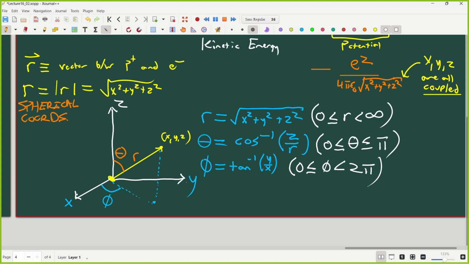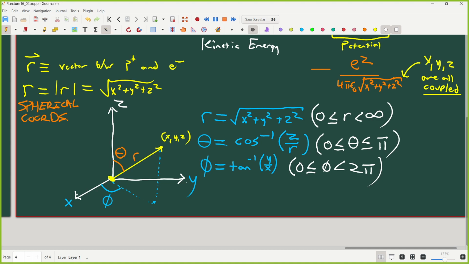We don't have to worry about x, y, z anymore. And remember, because it's spherically symmetric, the potential has no relationship to theta and phi. It does not matter which way r is pointing. It just matters the length, right? So now our potential is completely decoupled. Our potential now has to do with just r.